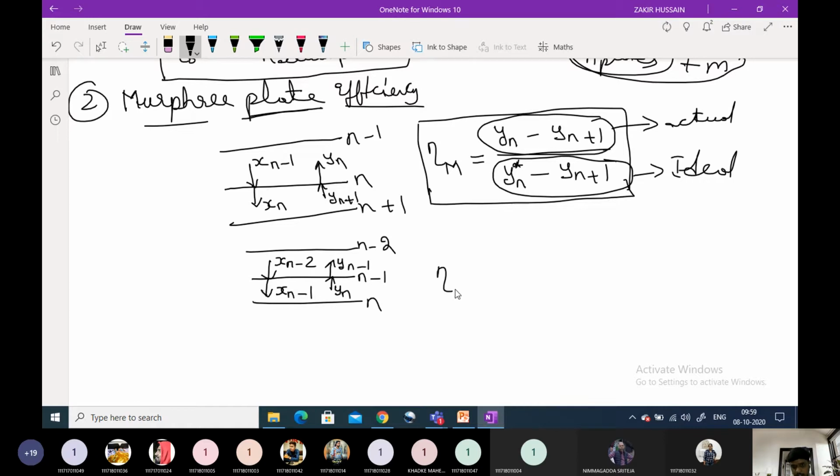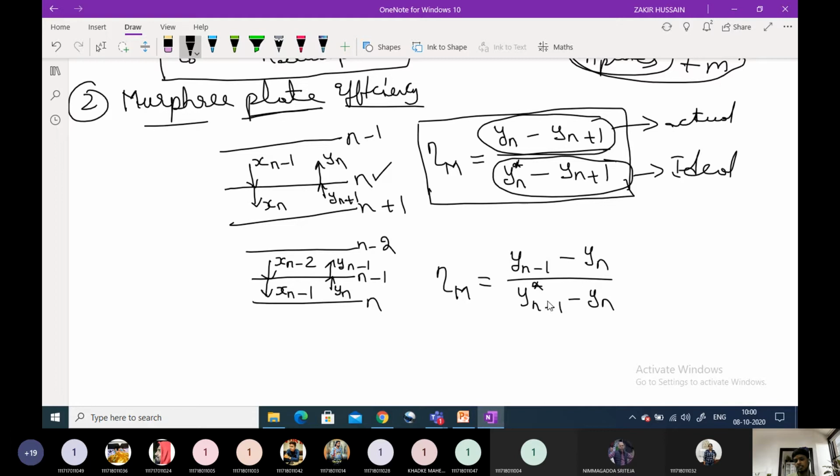Then what is the Murphy plate efficiency for the n minus 1th plate? Earlier we calculated it for the nth plate, but now we have to calculate it for the n minus 1th plate. We can write the Murphy plate efficiency as the outgoing composition yn minus 1 minus the incoming composition to this plate, which is yn, divided by yn minus 1 star minus yn, where the star is the composition under ideal conditions. So the numerator is the actual condition and the denominator is the ideal condition.